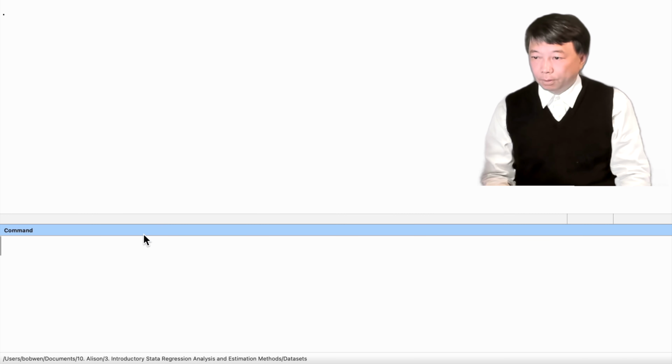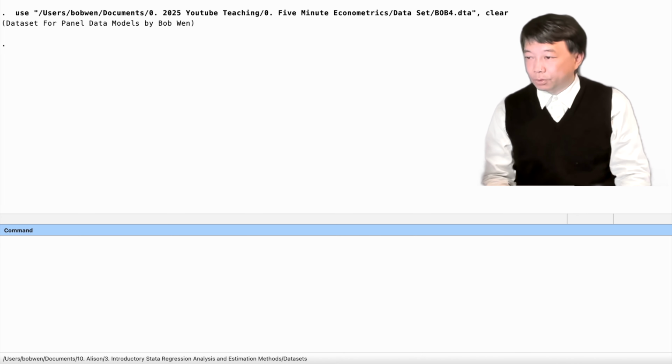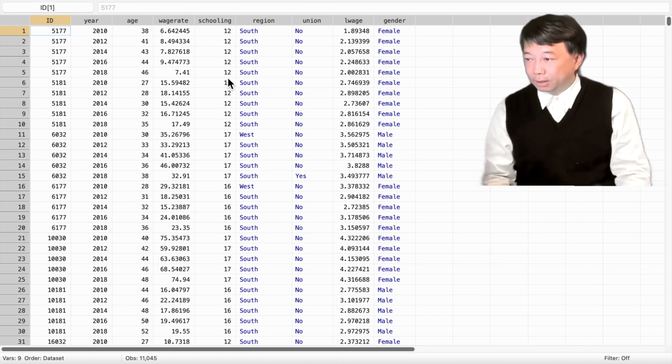For instance, consider a dataset containing information on U.S. workers, where each worker is identified by an ID variable, and each time period is marked by a year variable, representing both the individual and time dimensions.